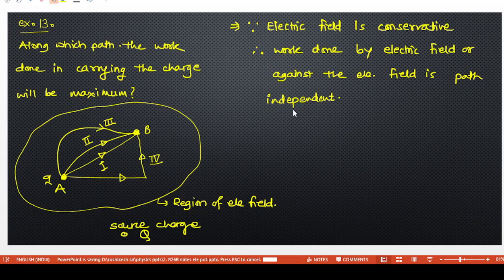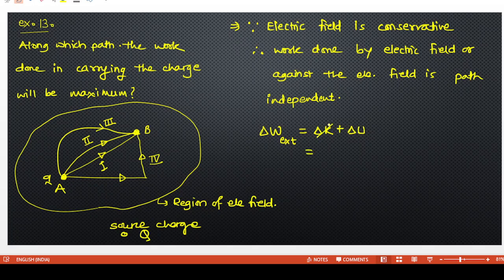So in all cases we will have the same work, and if at all you want to calculate the work done by the external agent on the charge q in moving it from the first point to the second point, then you can say work done is equal to change in kinetic energy plus change in potential energy.